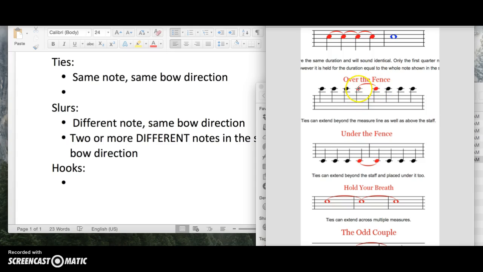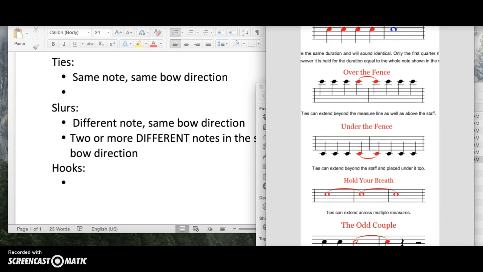It could be above the staff or below the staff. And they can also extend beyond multiple measures. Now this is all true for slurs as well, but the special part about ties is that they are the same note.